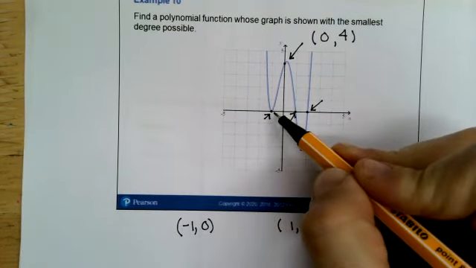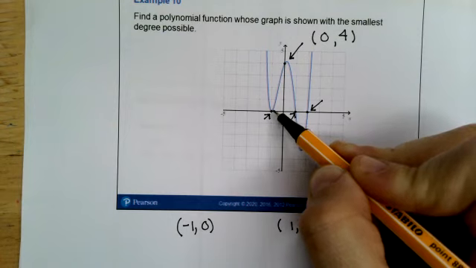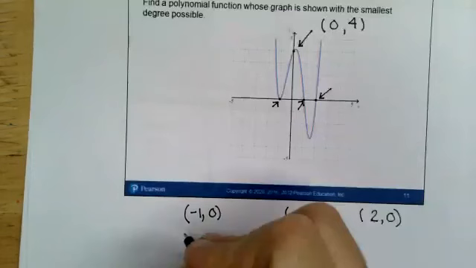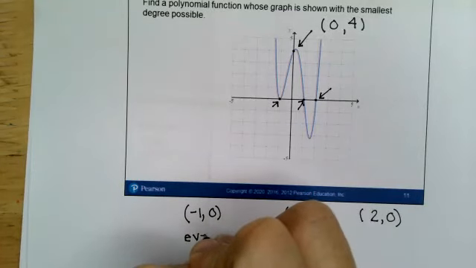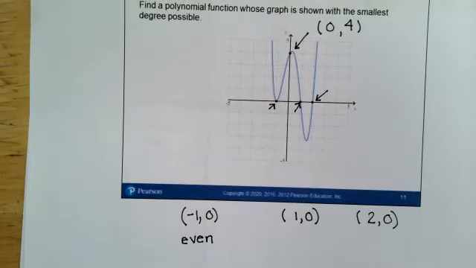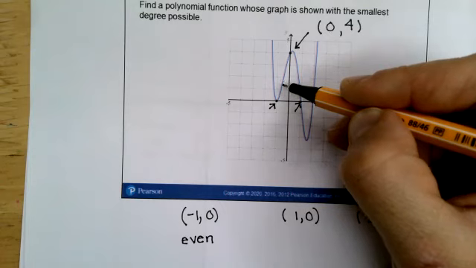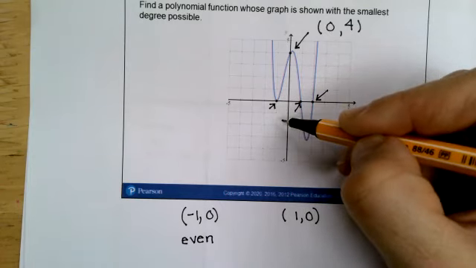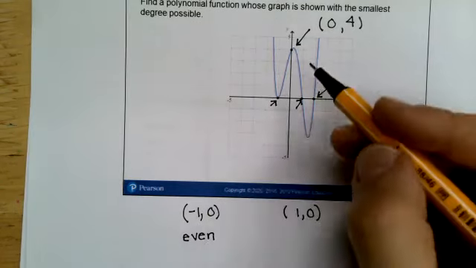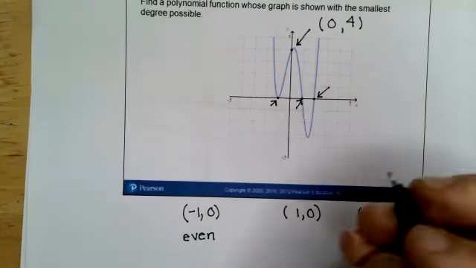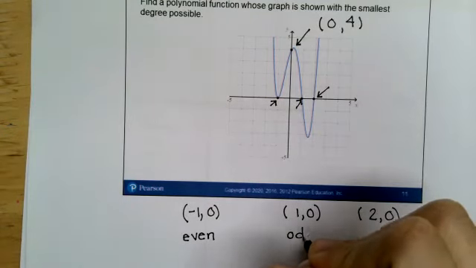Here, it's touching. Touching means that it's going to be an even exponent or an even multiplicity. Because if we think back all the way to Monday, if it's an even multiplicity, it touches and comes up or touches and goes back down, okay? If it crosses all the way through, it's an odd multiplicity.